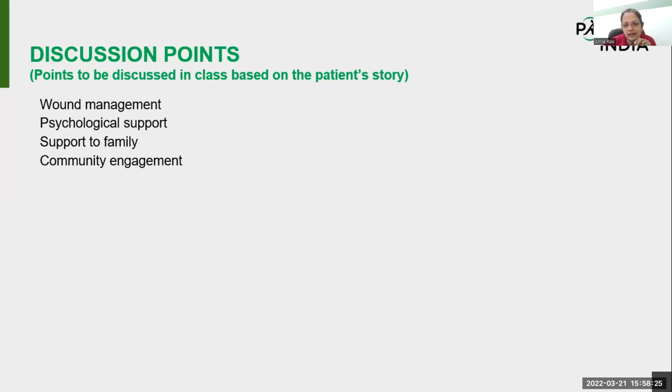If such patients are there in the community, all those who require palliative care, such patients can be referred to the palliative care team. So that is very much important. So that's good that wound is getting healed. That's very good sign. Thank you.